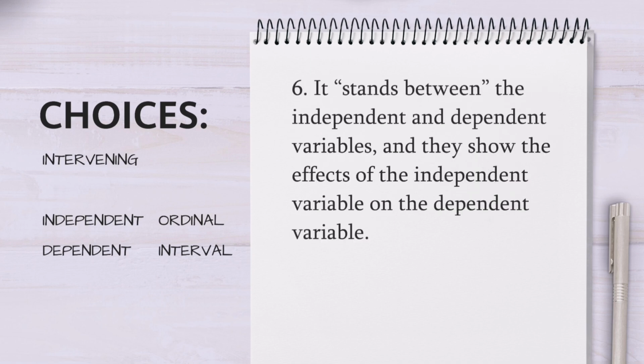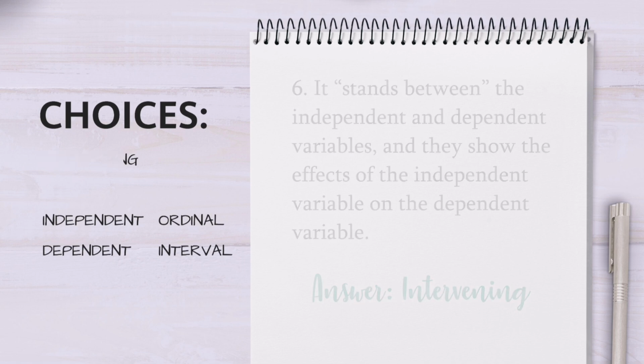It stands between the independent and dependent variables, and they show the effects of the independent variable on the dependent variable. You got it right. It's intervening or meddling variable.